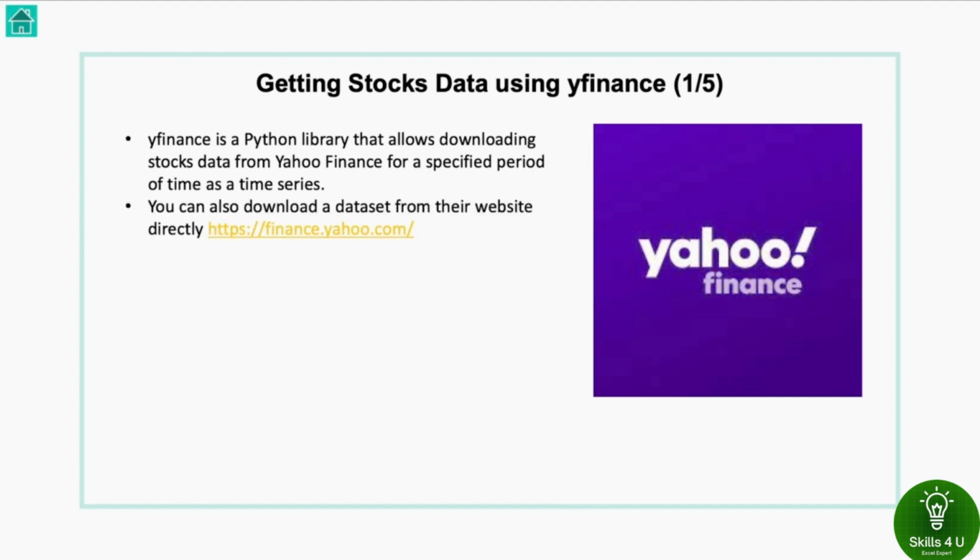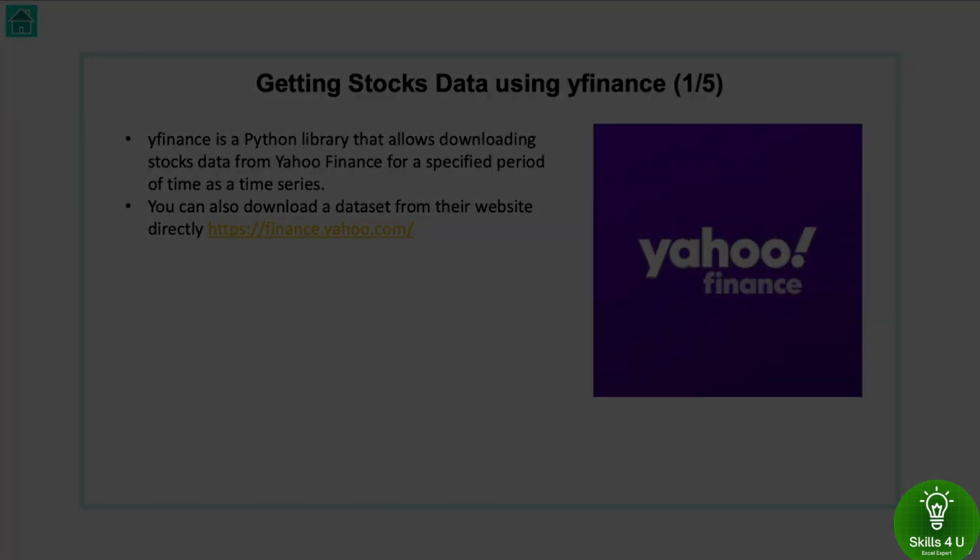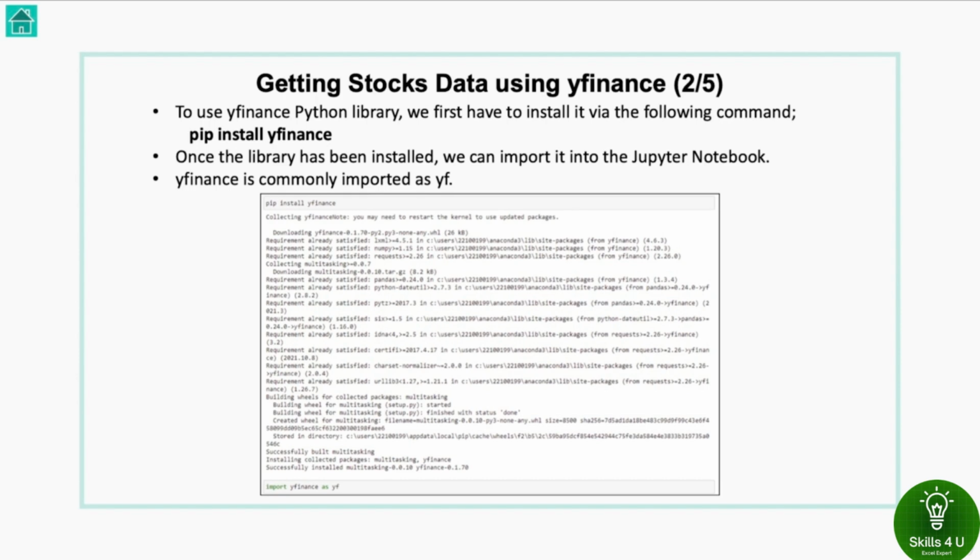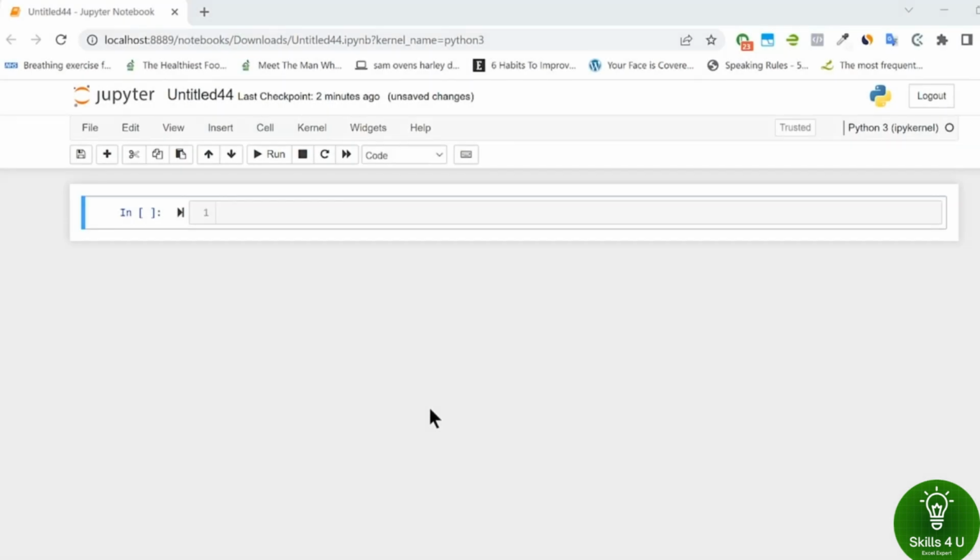It gets this data from Yahoo Finance as Pandas time series. Let's see how we can download and import yfinance in our Jupyter Notebook. In this tutorial, we will learn to download and import yfinance in Jupyter Notebook. To download yfinance, we use the command given in the slides inside our Jupyter Notebook: pip install yfinance.